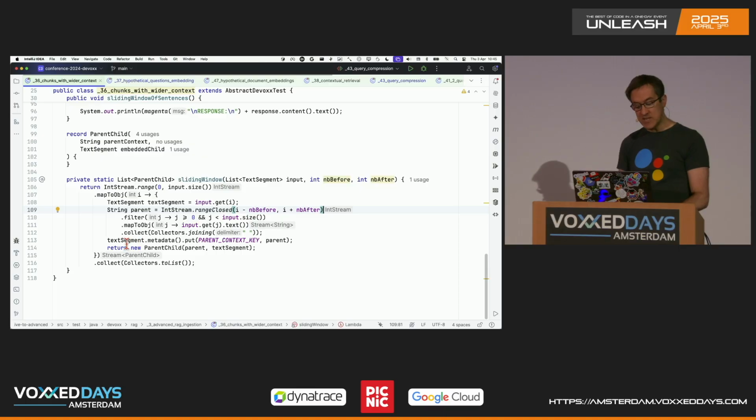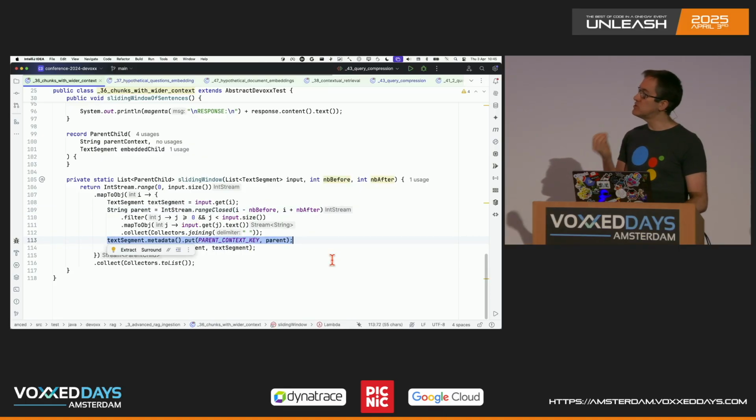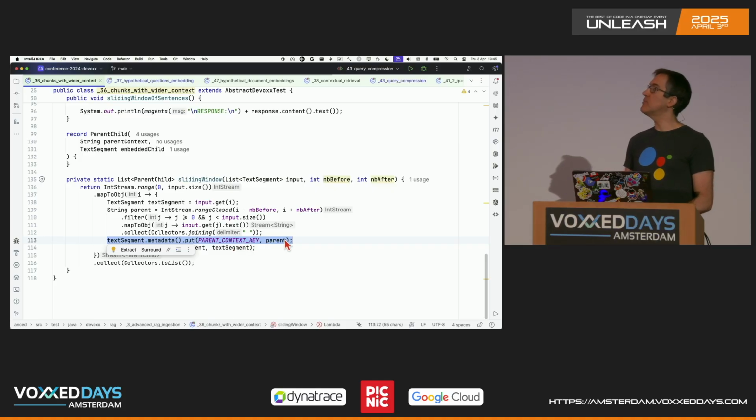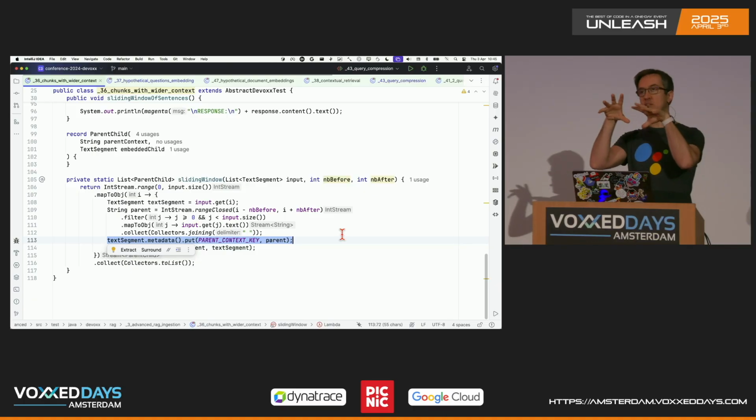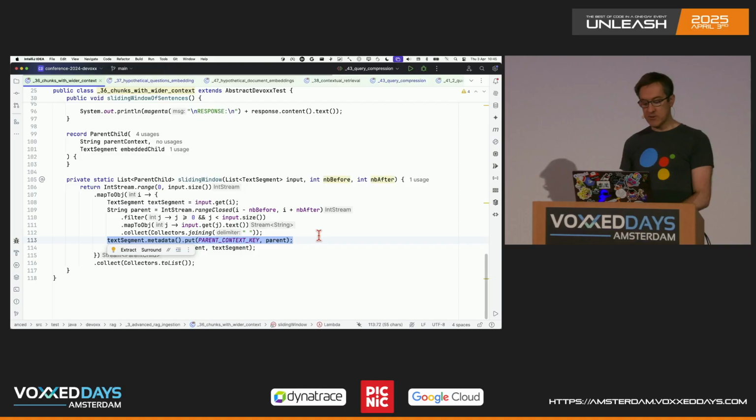And I'm going to decorate the text segment here, which represents a chunk. It should have been named chunks, I guess. But I add some metadata, so that in the metadata of the segment I'm going to add the surrounding context. So all the sentences before the current sentence and the sentences after that sentence.